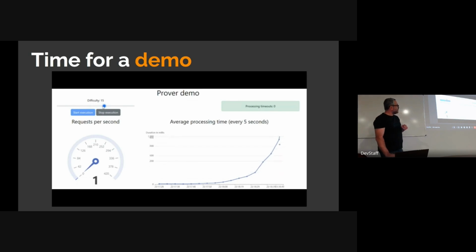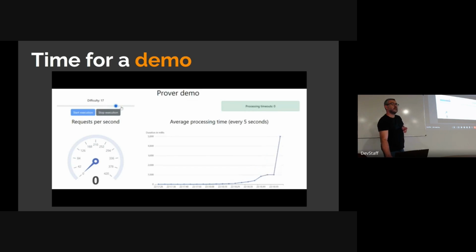Now it's difficulty 15. Okay, I will not continue. There is a small video that shows the timeouts, but it's okay. You can see that the requests per second have dropped to almost 0.